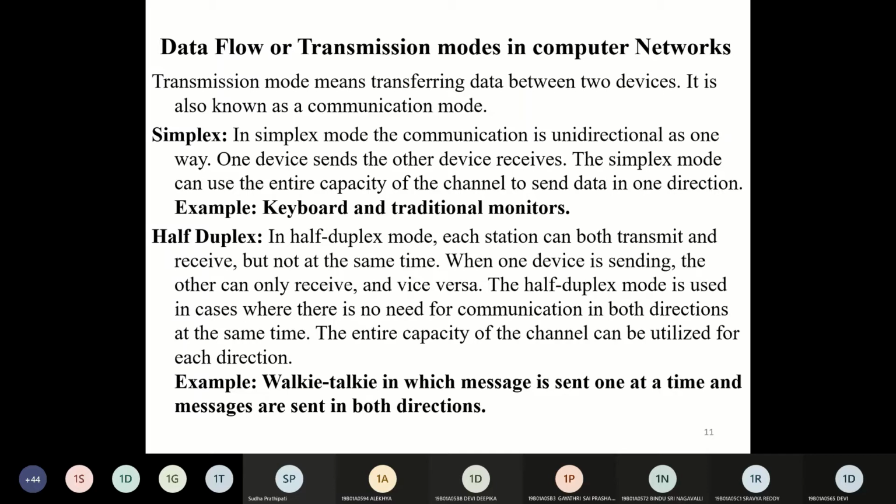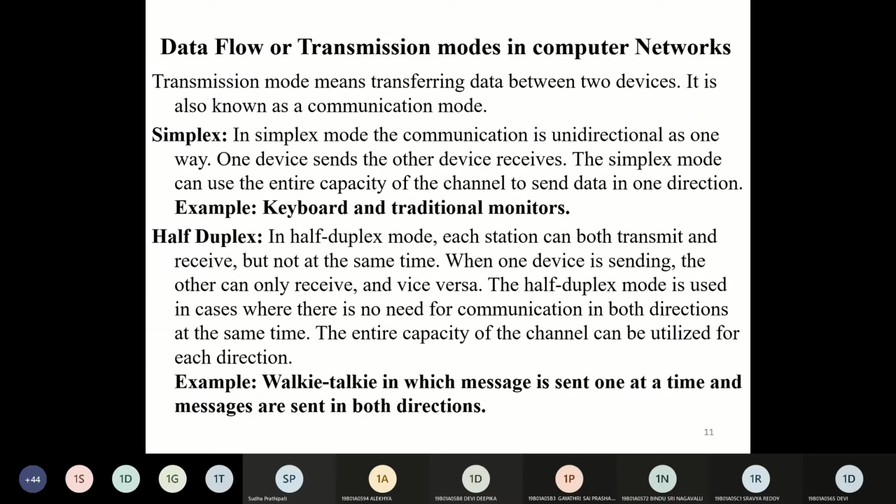Similarly, the monitor takes the character and displays it on the screen, but it cannot send anything back to the sender. The monitor just receives the information. This type of communication, where there is only one way of communication, is called the simplex mode.